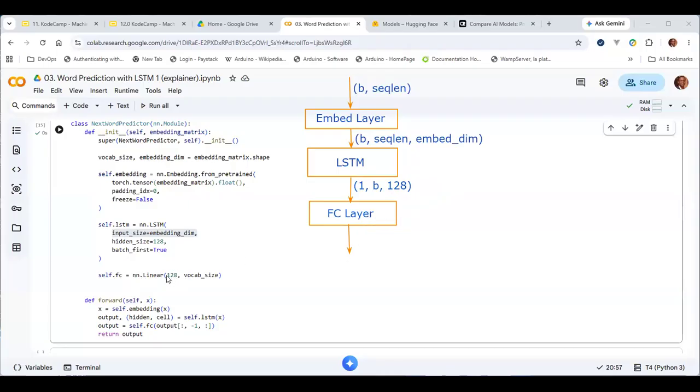You can see that the fully connected layer has 128 as its input, and then the vocabulary size, which here is 21. What you are trying to do is predict the next word. So you will predict just the output. Which word is it?